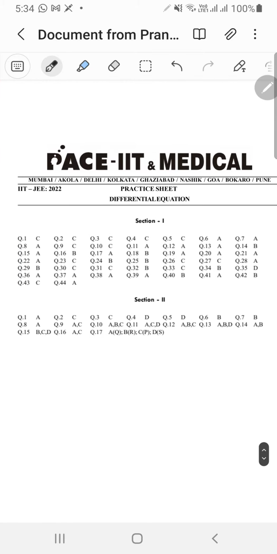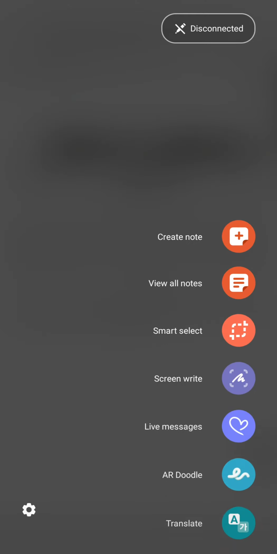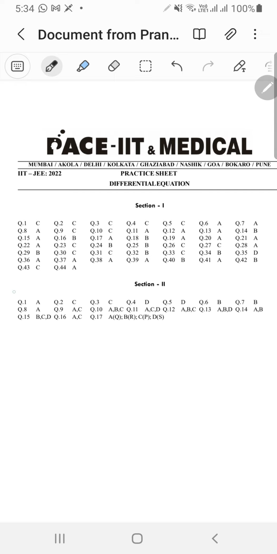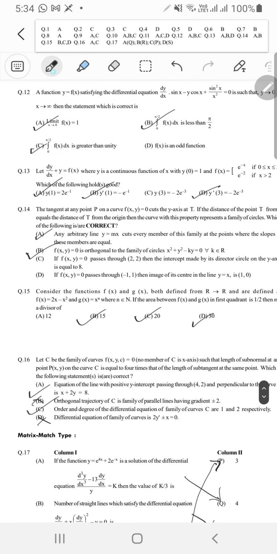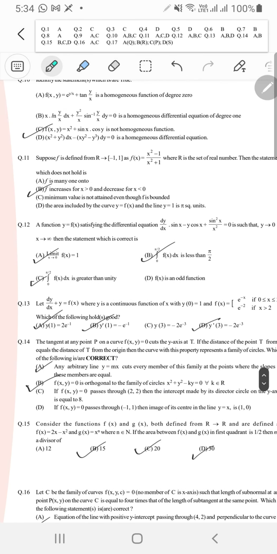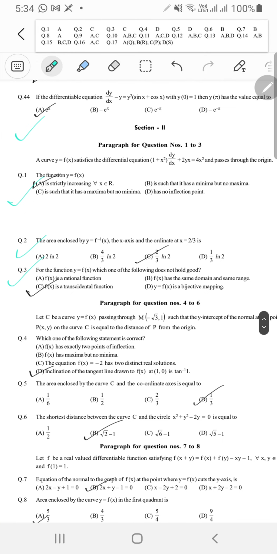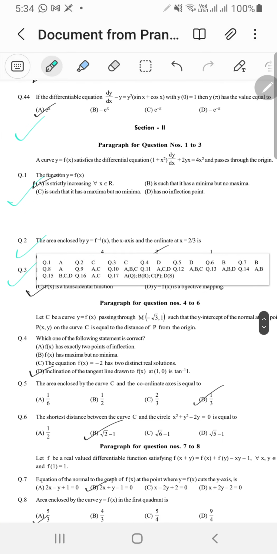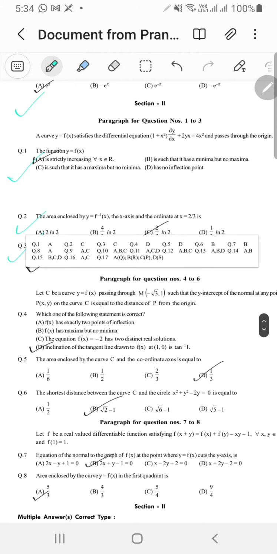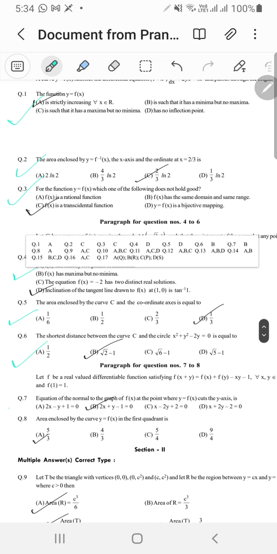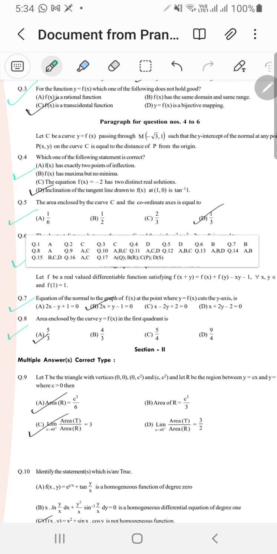Okay, let's just check everything. So we start from the fourth question, D. 7 B, 8th A, 9th AC.